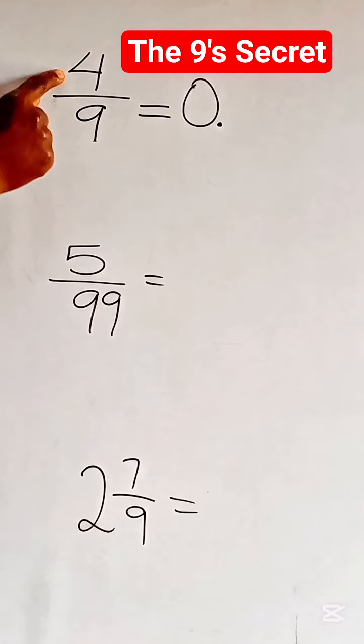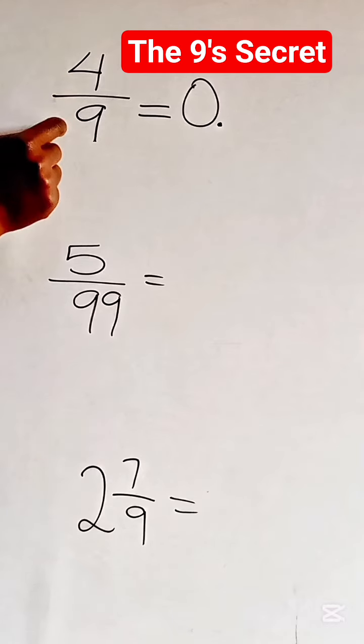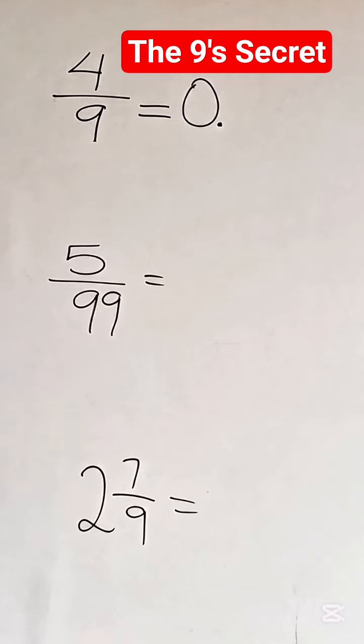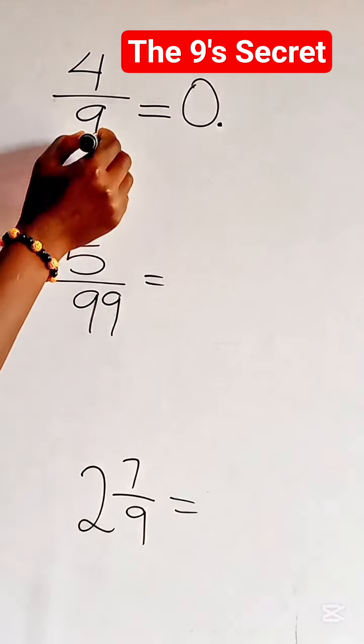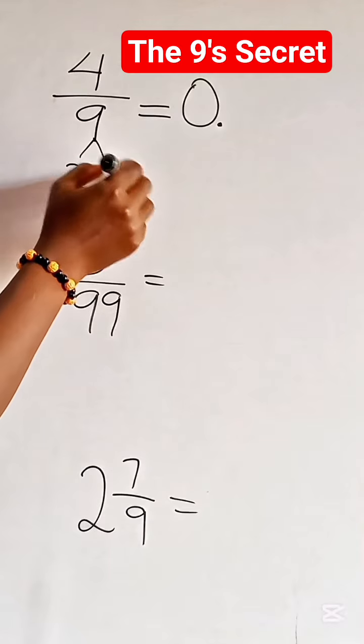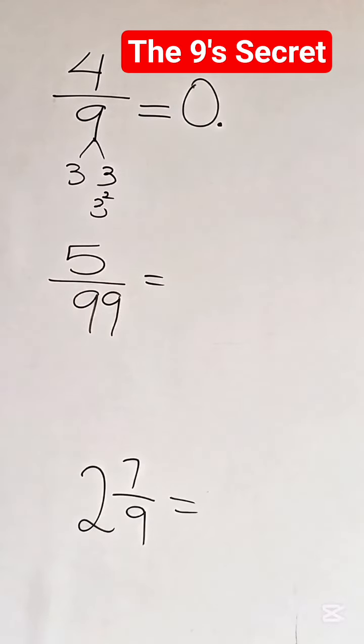4/9 is in its simplest term, because no other factor can divide both the numerator and the denominator except 1. If we break down the prime factors of 9, we are going to have 3 and 3, which is equal to 3 squared, right?